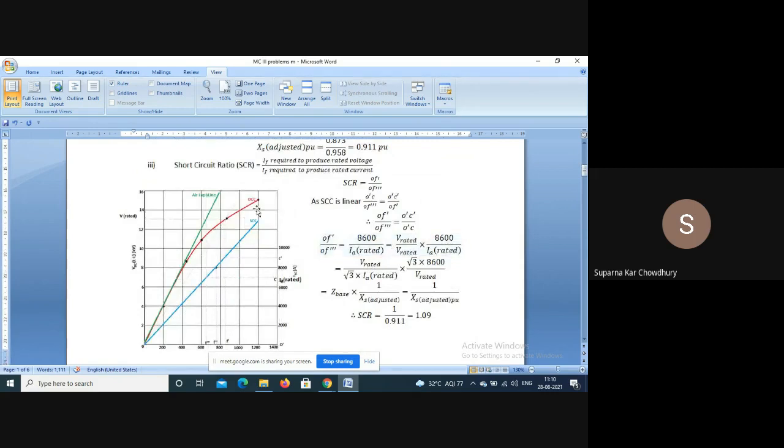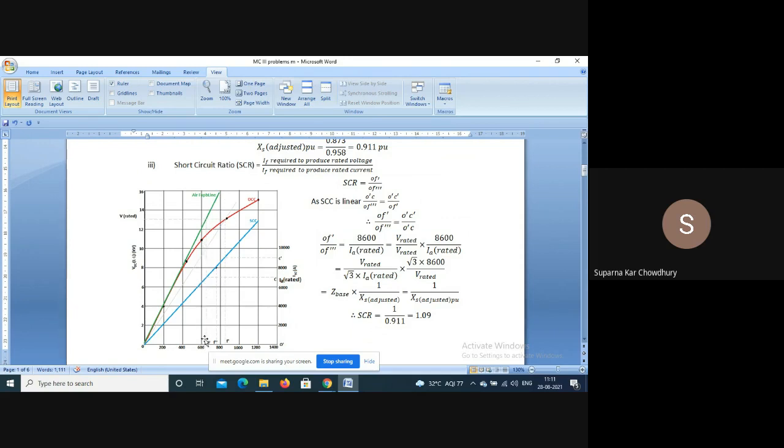Now this is the plot. Corresponding to rated voltage, this is the field current. The first one is the unsaturated: for the rated voltage, unsaturated means from the air gap line, this is the corresponding field current.